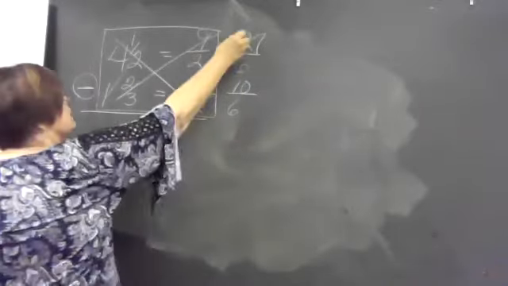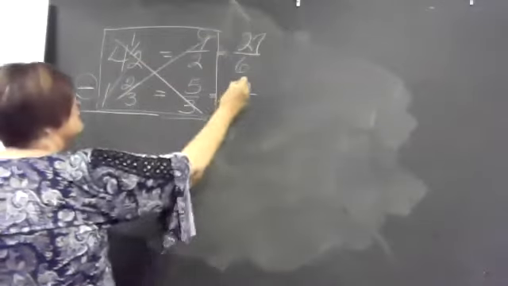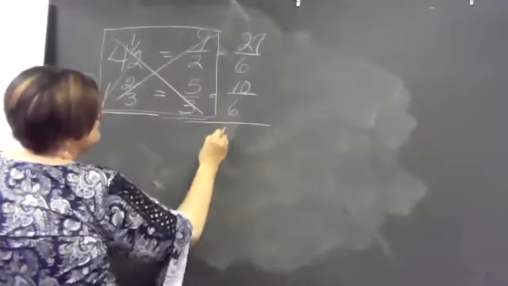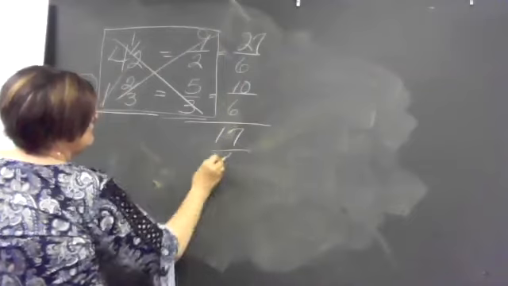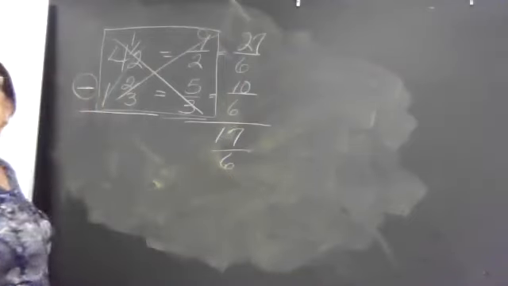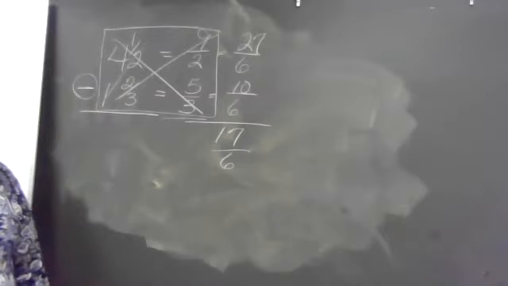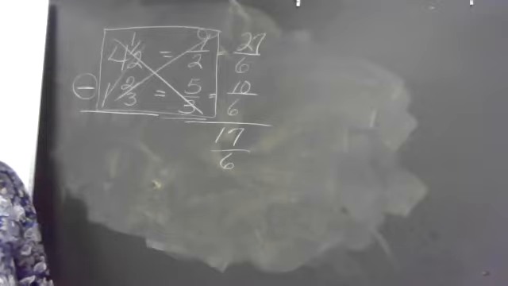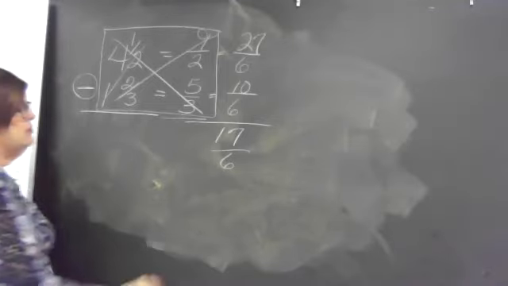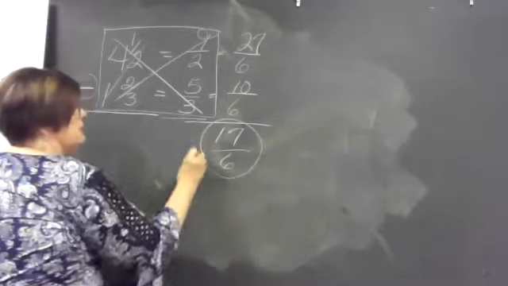So now I have 27 minus 10, which is 17/6. You look to see if it's lowest terms. It is. 17's prime. It won't go down any further. And so this is a correct answer in improper fraction form.